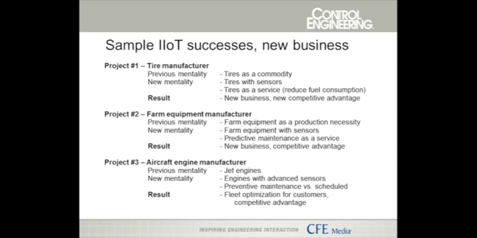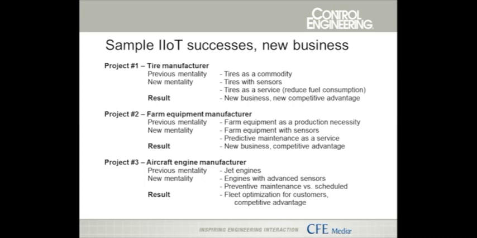Okay, I'm going to move on to present a few success stories in regards to creating new lines of business. A tire manufacturer equips their newest OEM tires with sensors that communicate back to fleet operators and their drivers. The result is fuel savings because of optimal tire pressure.